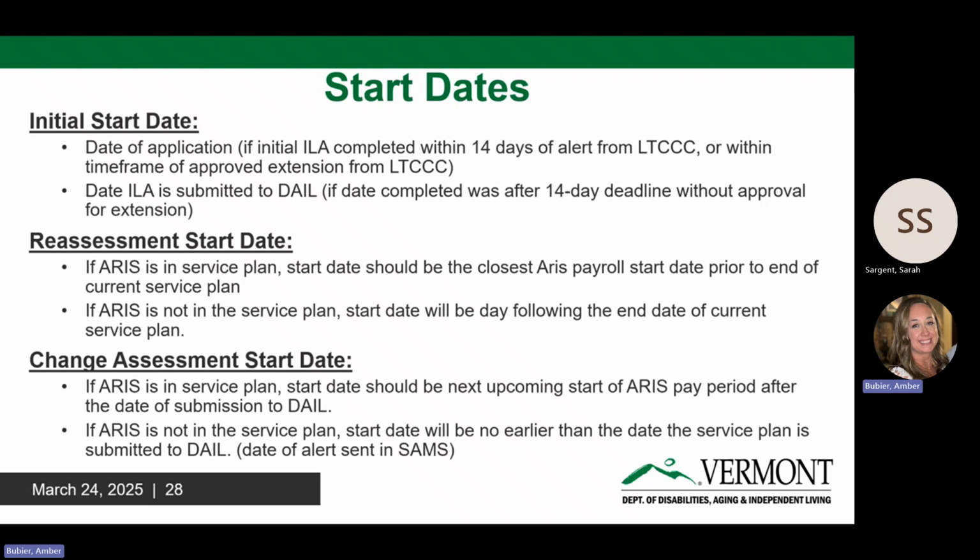However, if you're unable to get that completed in 14 days, have a communication with your LTCCC via an alert in SAMS requesting an extension and what date you're requesting that extension be to. So if we approve an extension for another 2 weeks, as long as that initial ILA is completed within the time frame of that approved extension, you can go back to the date of application for your start date.